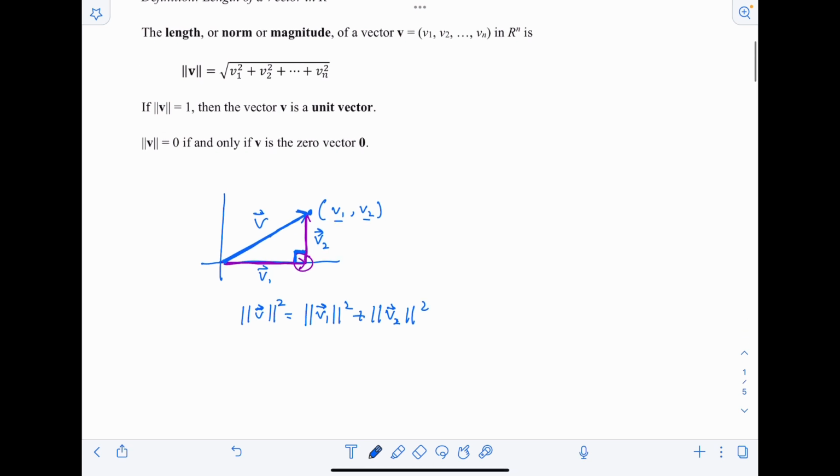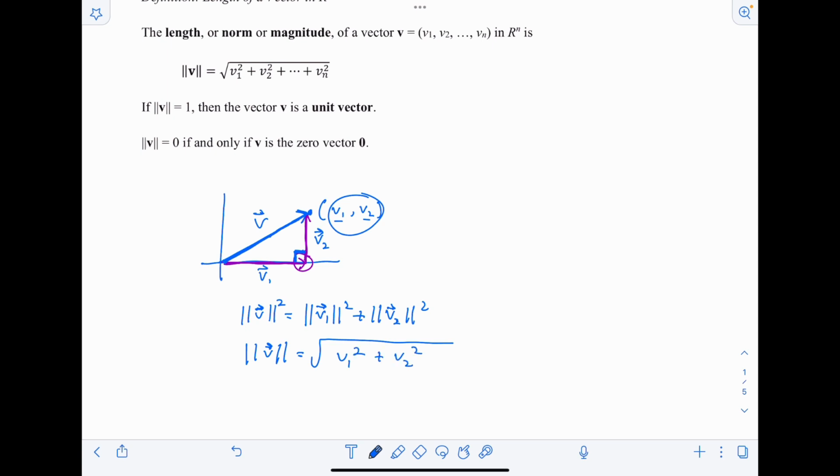And if I take the square root of both sides, then the magnitude of v, or vector v, is simply the square root of, and I'm going to drop those magnitudes and just think of it more in terms of this ordered pair, the terminal point, because that is really, v1 is the magnitude of that vector, v2 is the magnitude of that vector. And so just to simplify this, let's just write it like this.